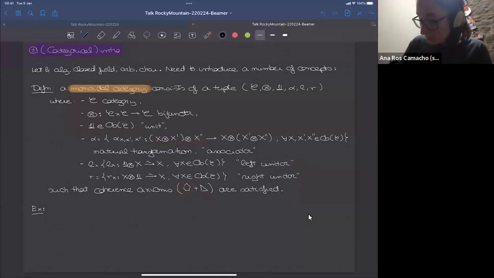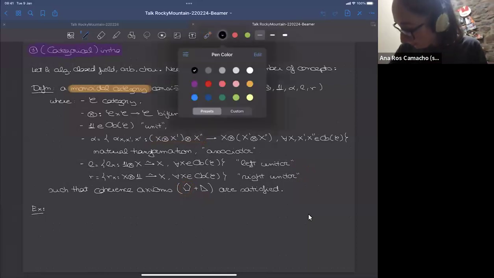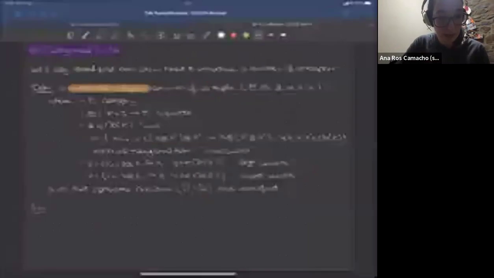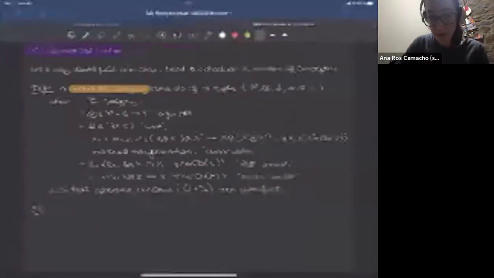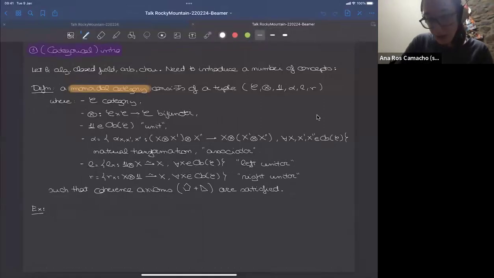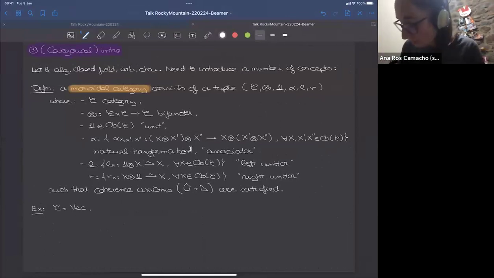So examples, let me give you some. If this is the first time you encounter this, don't be scared, please. I will start with this category that I mentioned before, Vec. This is the category of finite dimensional vector spaces over K. The objects are vector spaces and the morphisms are linear transformations.